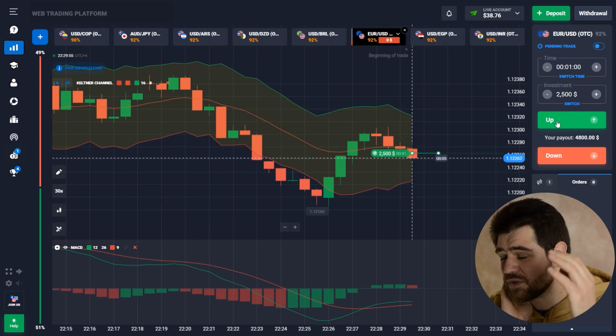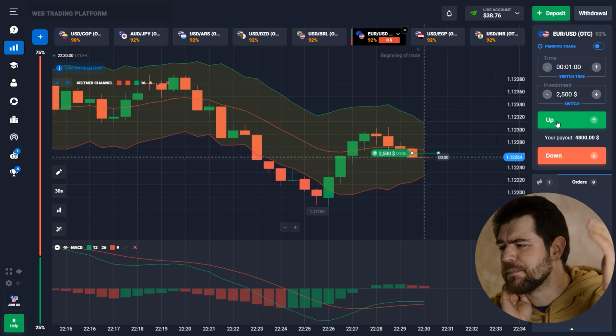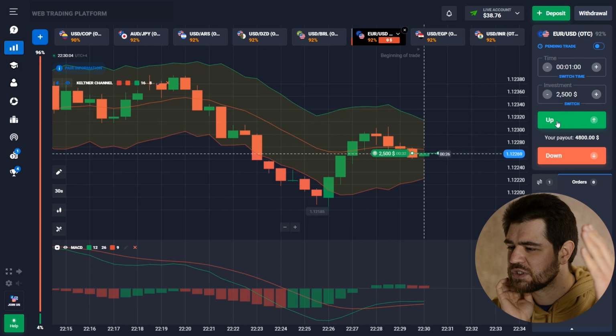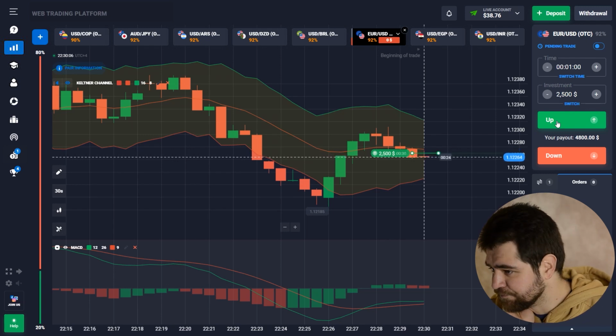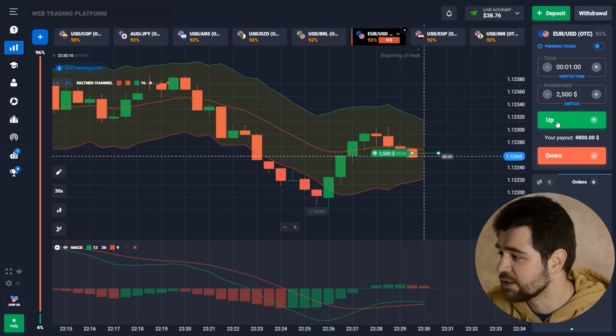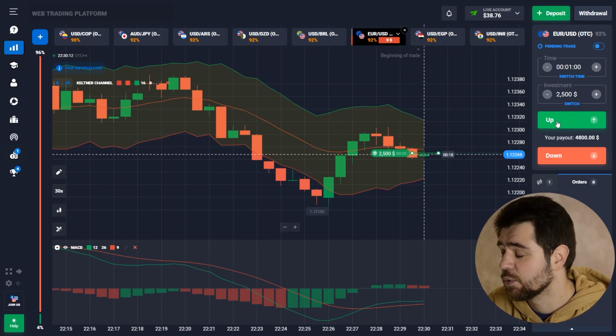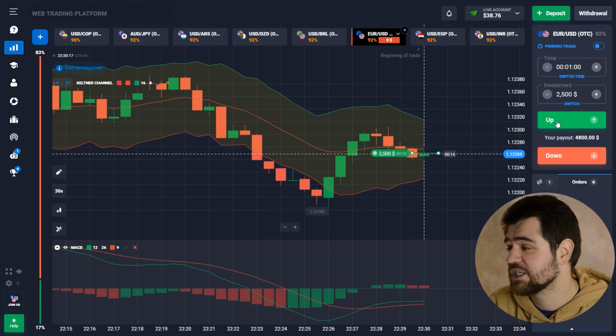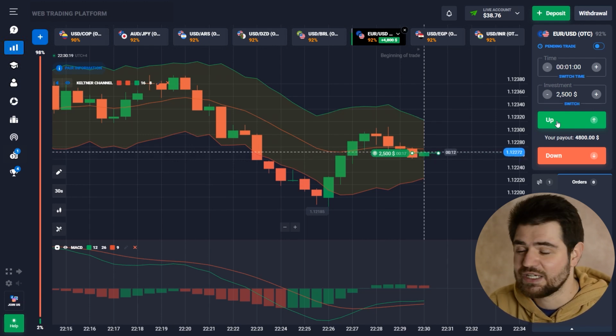So I'm expecting the middle line to act as a support level, and now we can bounce off there and not go through it this time, and the price would go up. Let's wait for this option to finish, see the result, and continue.